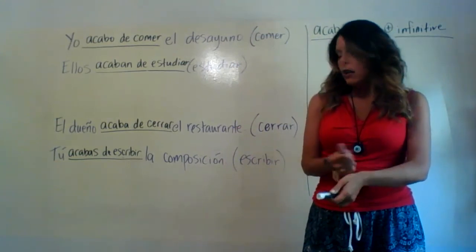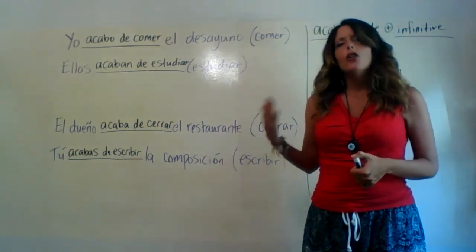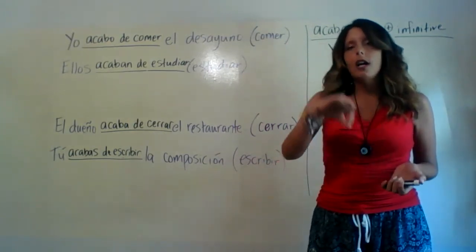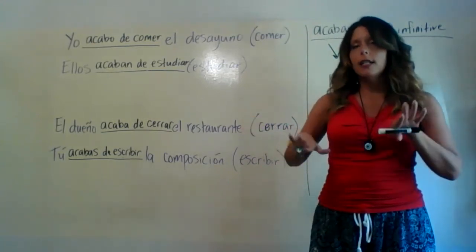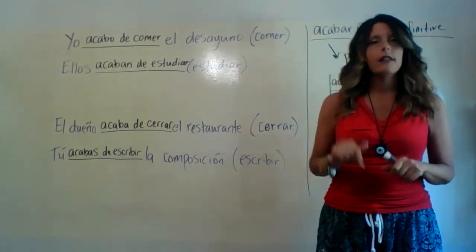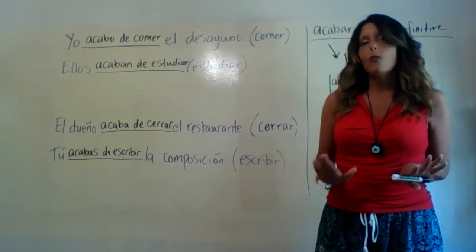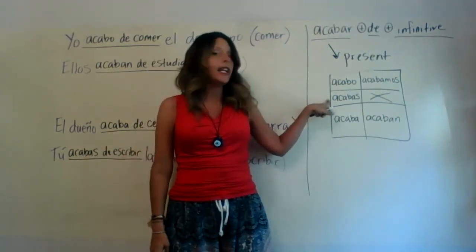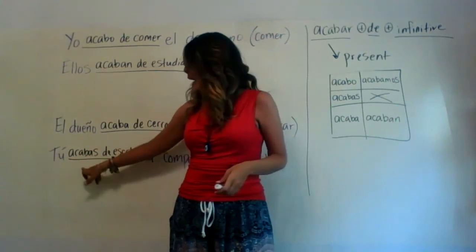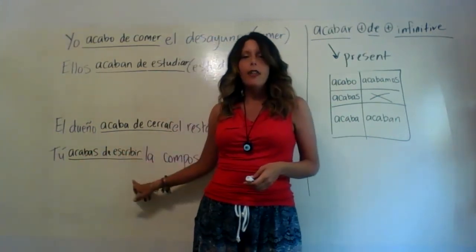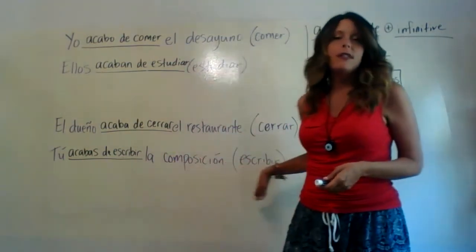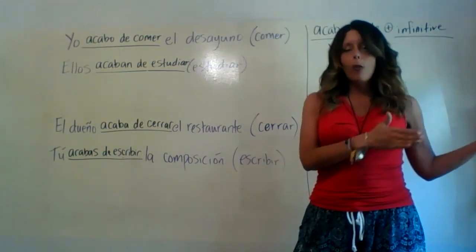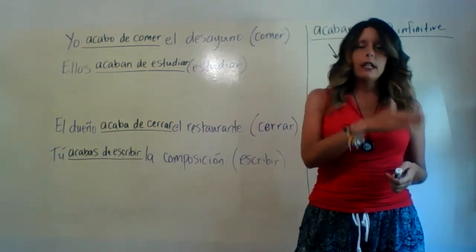And what if instead of saying you have written the composition, we just wanted to say you just wrote the composition? You just got done. You're done. You're going to submit it. So you just wrote the composition. We have tú acabas, this one right here because it matches tú. Tú acabas, then de, then escribir, and then we finish it out with la composición. Tú acabas de escribir la composición. You just wrote the composition.